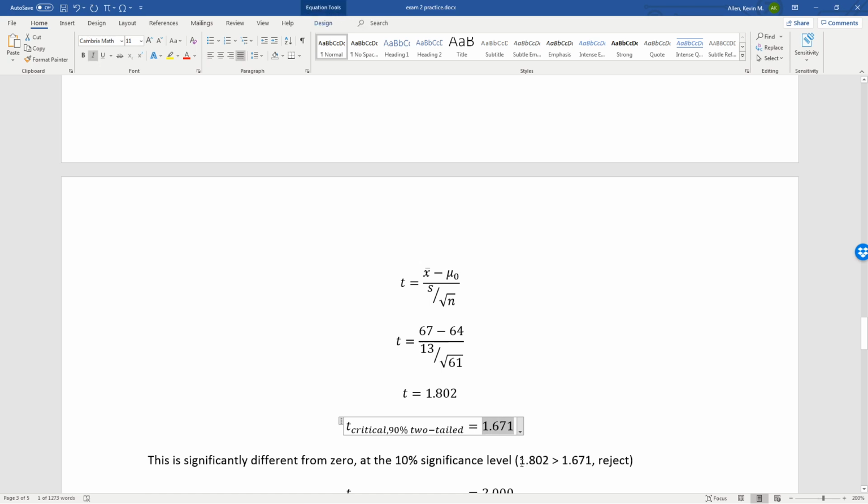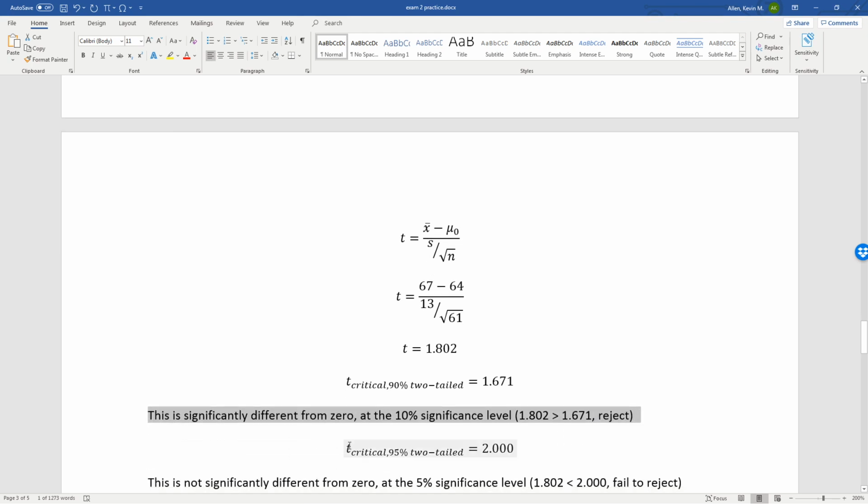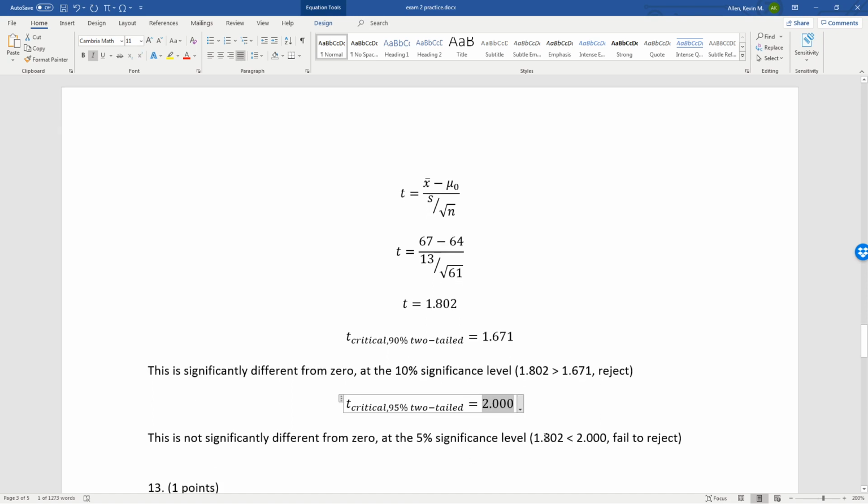So 1.802, larger than 1.671, so we reject the null at the 10% significance level. At 95% confidence, or 5% significance, our critical value is 2. 2 is greater than 1.802, so at the 5% significance level, or 95% confidence level, we fail to reject.